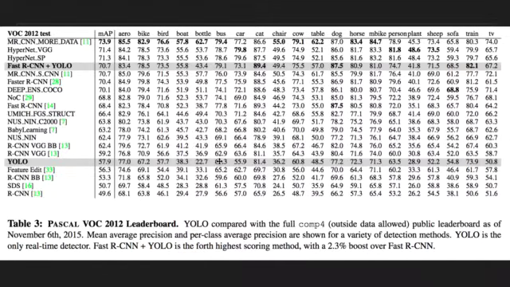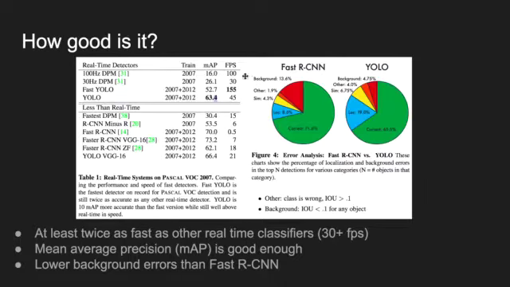And one of the things the authors also did was combine YOLO with Fast R-CNN. They essentially used YOLO for predicting the background and used Fast R-CNN for the localization.